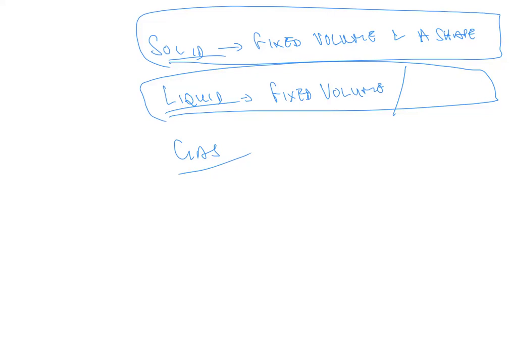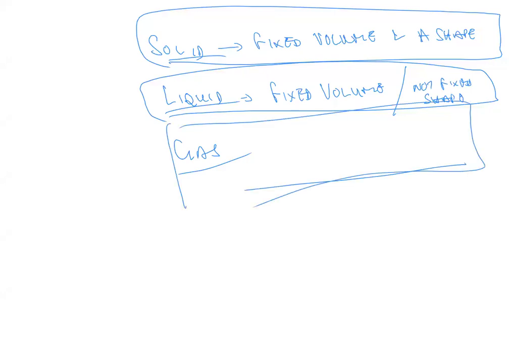So a gas, you can fix it in volume if you put it into a closed container. Otherwise, you don't know the volume. And the shape also you can't determine because it takes the shape of the container.